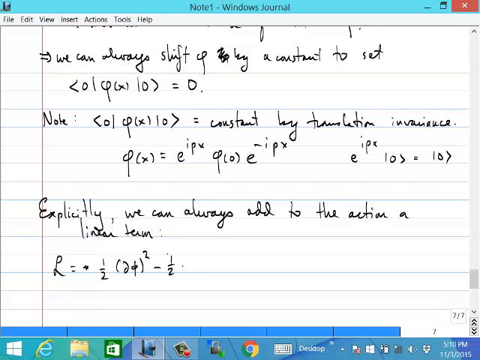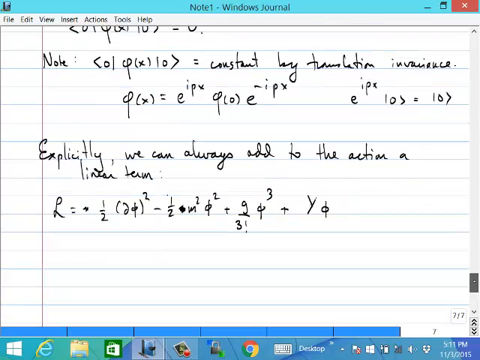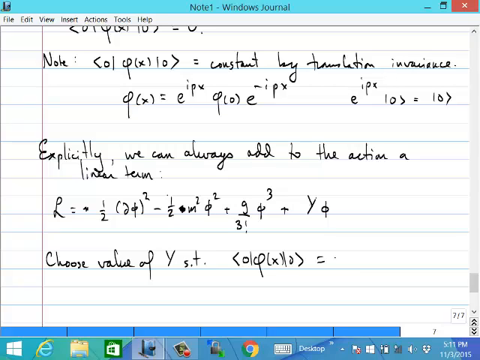If you have your action with your phi cubed interaction term, you could always add a term linear in phi with a coefficient that I've called y here. You could always consider that as your theory. And then you could demand that we choose the value of y such that the expectation value of phi in vacuum is equal to 0.